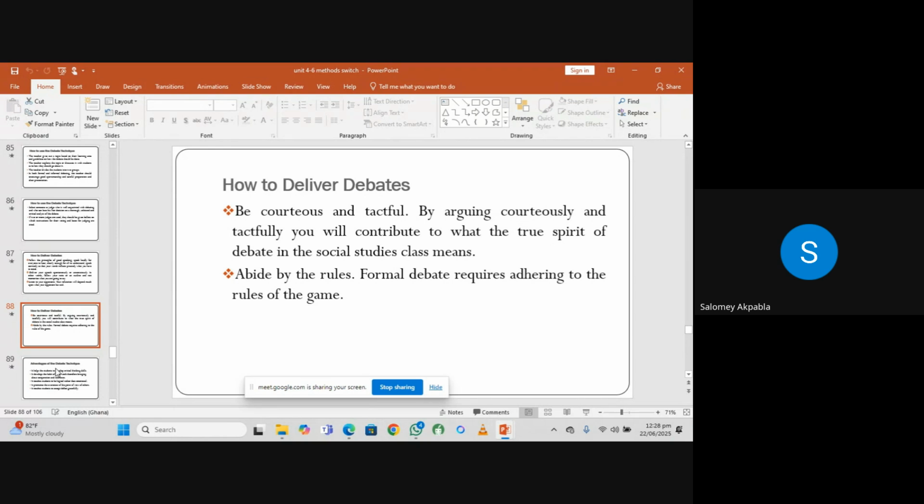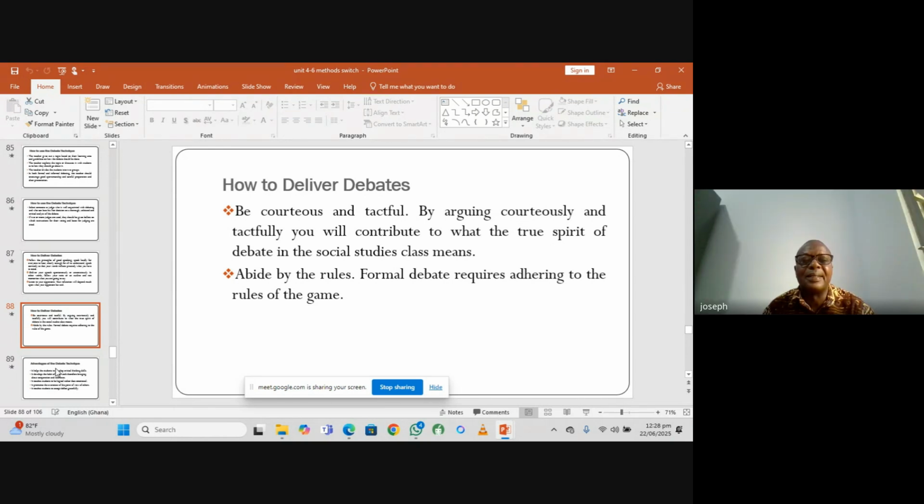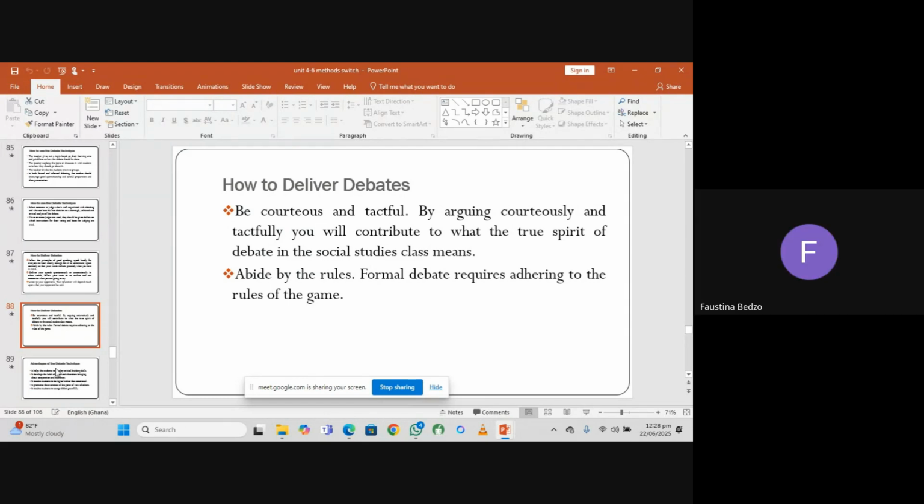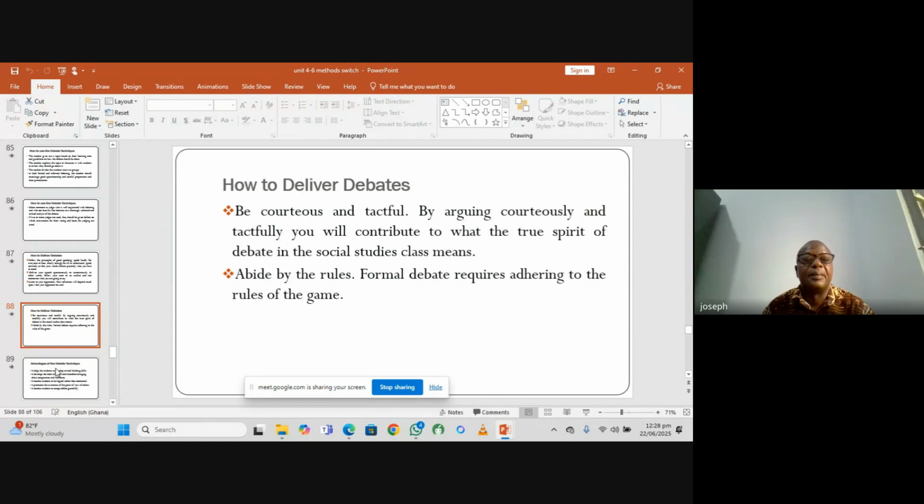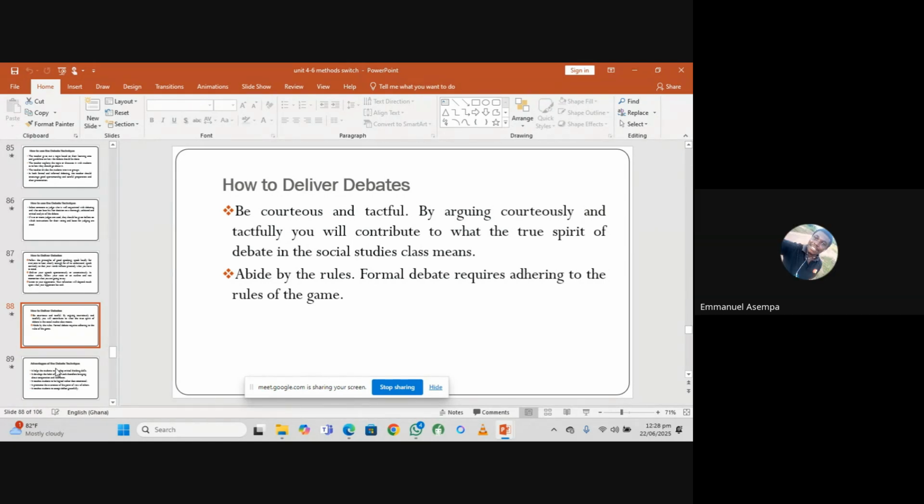Are you talking about the teacher or the learners? The learner. The learner who is debating. Yes. Any other? It increases his or her critical thinking.